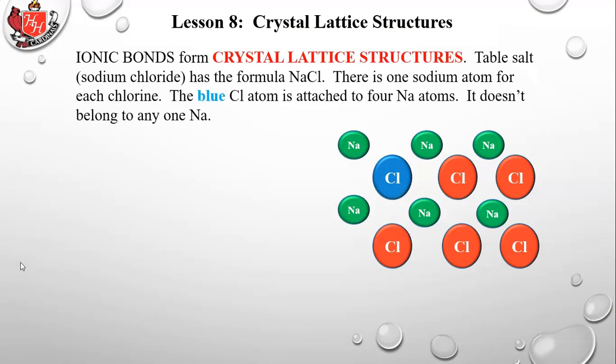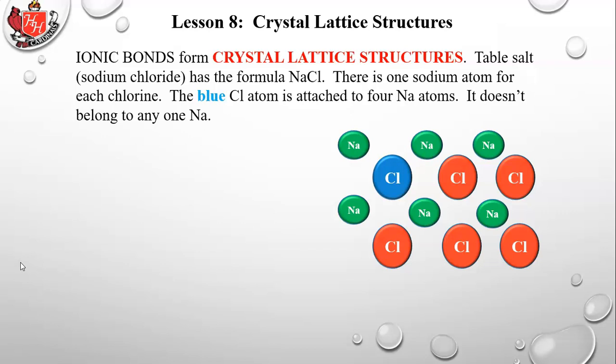Ionic bonds form crystal lattice structures. Table salt, which is sodium chloride, has the formula NaCl. There is 1 sodium atom for each chlorine. So just to highlight one of the chlorines, the blue chlorine is attached to 4 sodium atoms. It's actually attached to 6, because remember, this is a 3-dimensional structure.